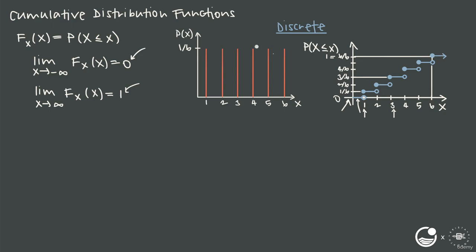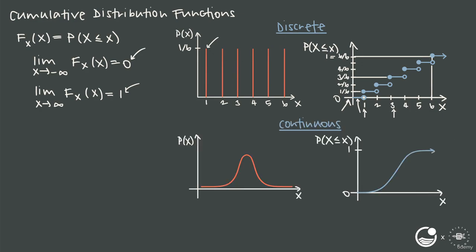It would be like taking this graph of the probability mass function and adding each of these probabilities as we go. So the probability that we roll a 1 or less is 1/6. Then when we add another 1/6 to that, we can say that the probability of rolling a 2 or less is 2/6 or 1/3. The probability of rolling a 3 or less is 1/6 plus 1/6 plus 1/6 or 3/6 or 1/2.